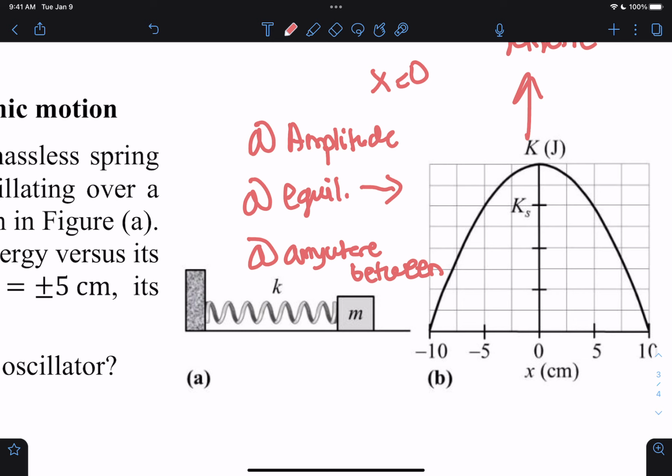But then, what is our energy made up of? If it's not made up of potential, it's made up of what? Kinetic, right? So at equilibrium, it should be all kinetic.